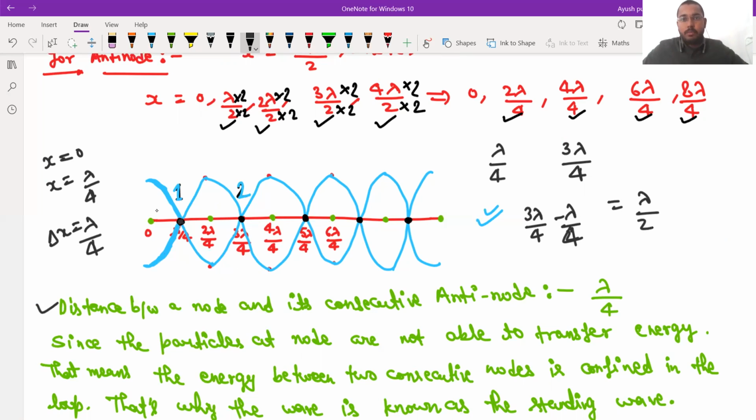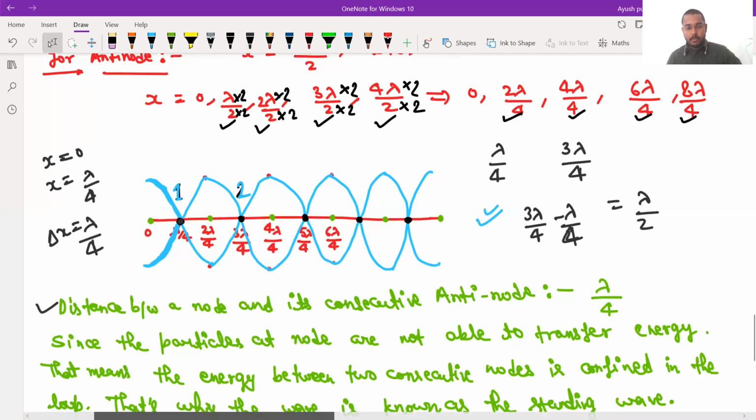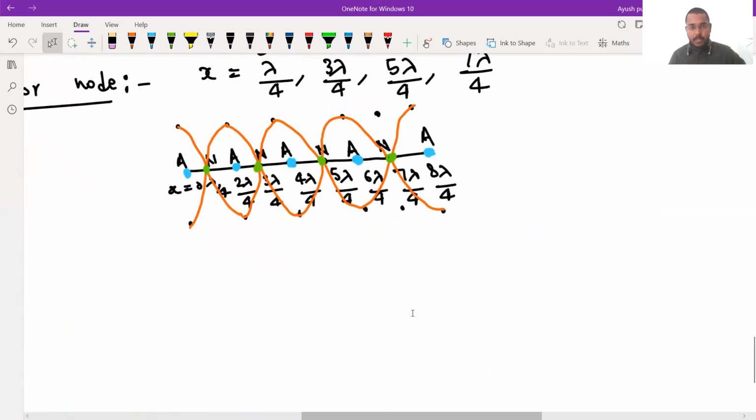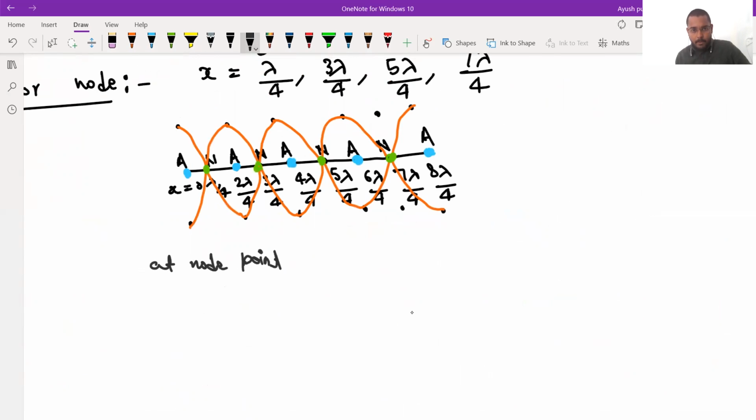Now we have to understand, so we have understood what shape the standing wave takes. Now we have to understand why it is called the standing wave. Now let's understand this. So at node points, let me take a fresh slide. So see, from this diagram, it is clear at node point, the amplitude Ax is equal to 0.